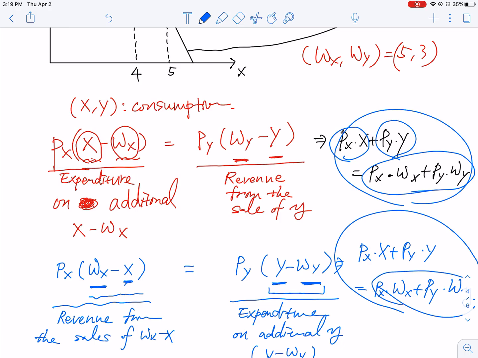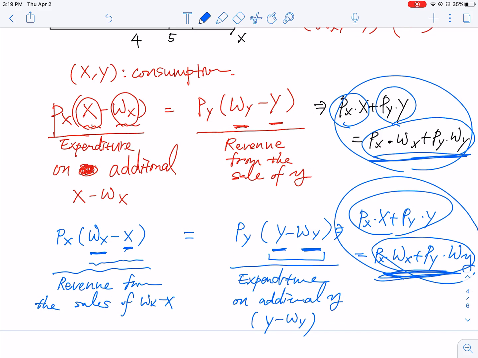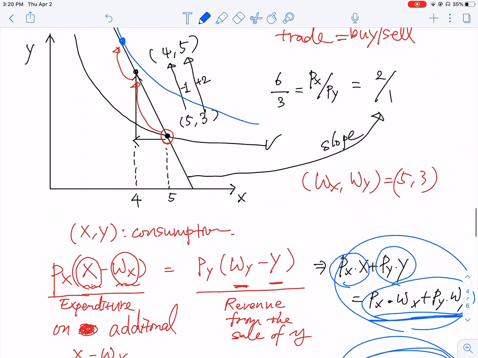You sell everything you have in the market, and then you repurchase X and Y from the market. So the right-hand side of this equation is measuring the value of the endowment you have. It's the value of how much you have, X comma Y. Using the value of what you have, you're going to buy X and Y. So the left-hand side is the value of your purchase, or the value of your consumption.